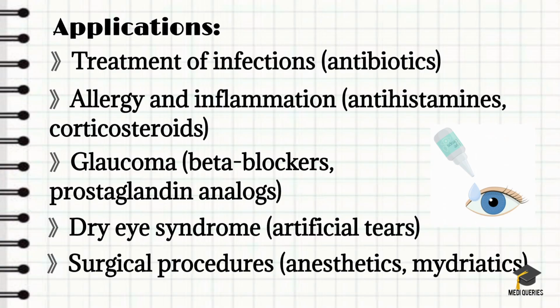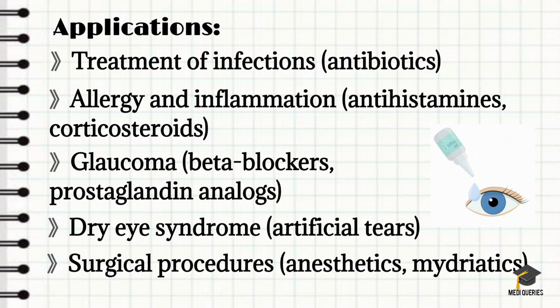And next one is the management of the glaucoma. The purpose is to reduce the intraocular pressure to prevent the optic nerve damage here. Example: beta blockers, prostaglandins. And next one is the treatment of allergic eye conditions. The purpose is to relieve the symptoms like itching, redness, and swelling due to allergies.